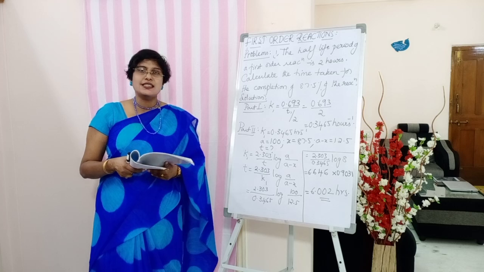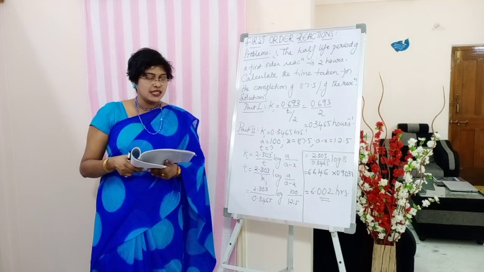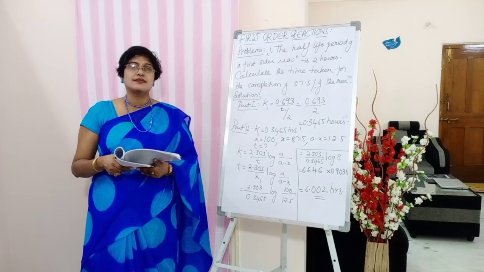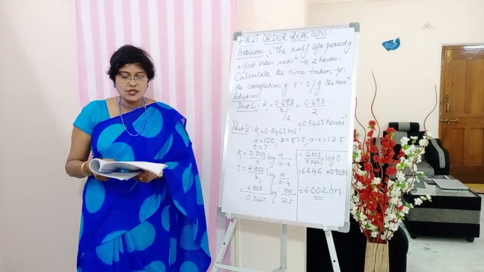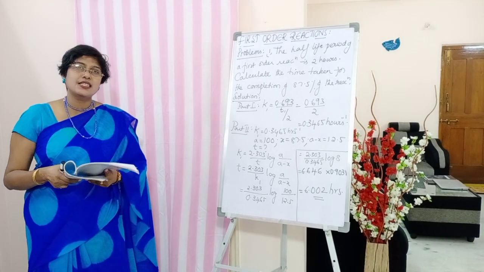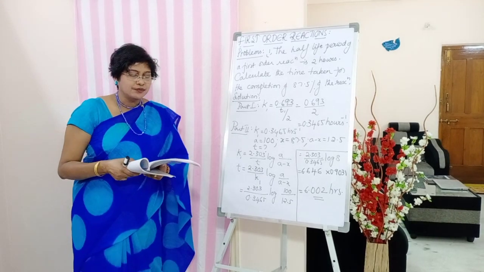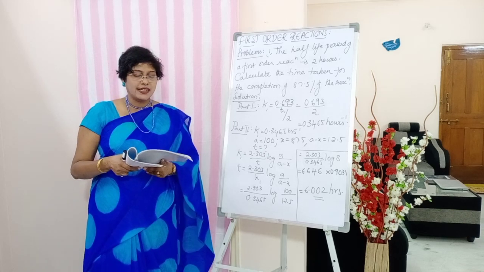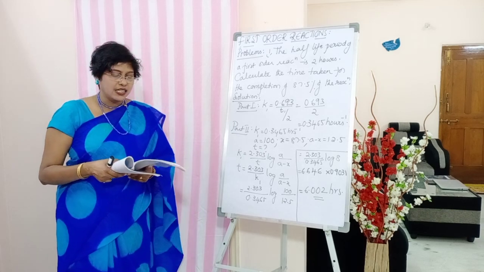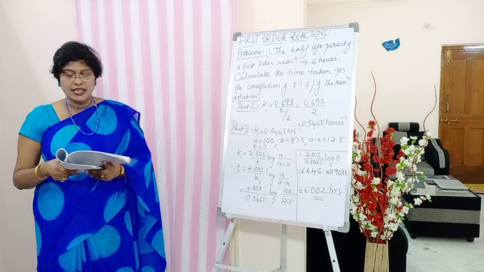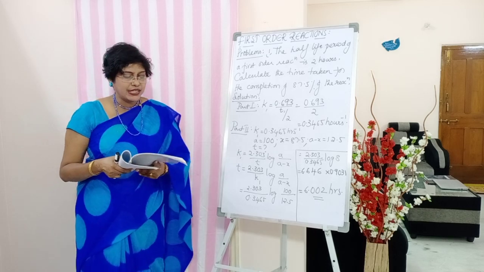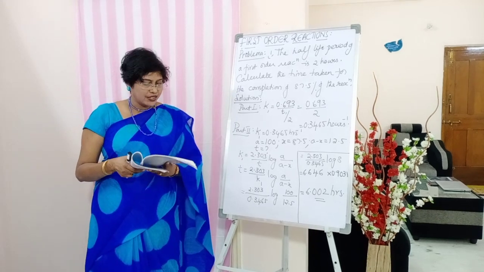So here A is 100, X is 15, T is 20 minutes. You can calculate the rate constant using these values. Next part: calculate the time taken to complete 75% of the reaction.